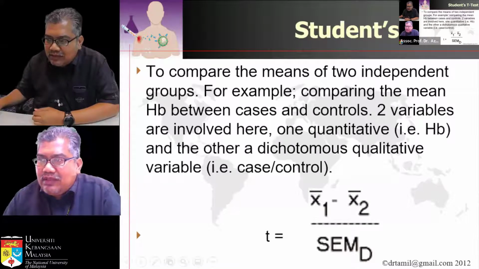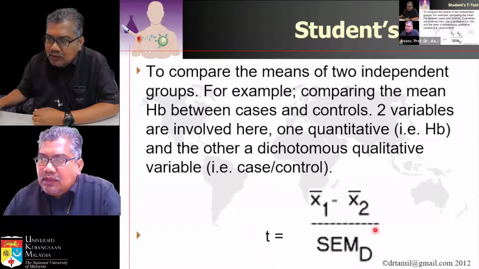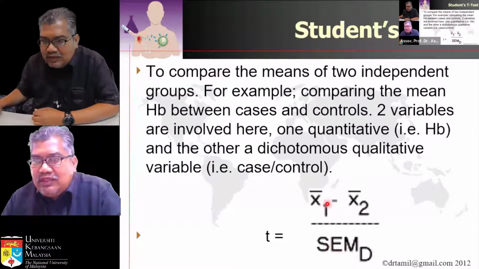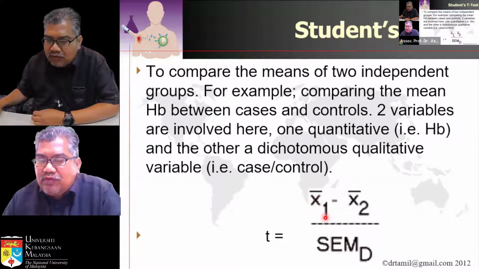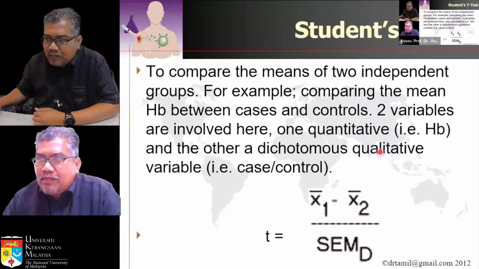Down there at the bottom, you can see the formula, which is very simple. Basically, you're just comparing the mean of one group against the mean of the other, divided by the standard error of the mean of the overall group.